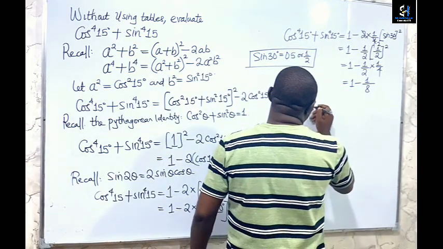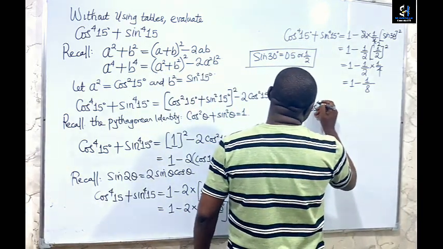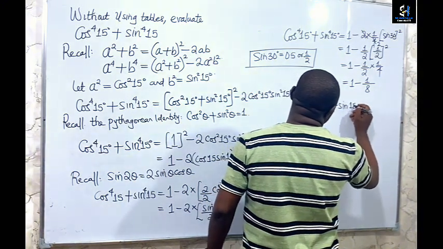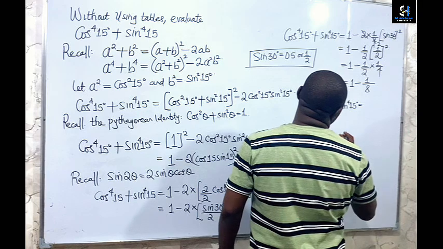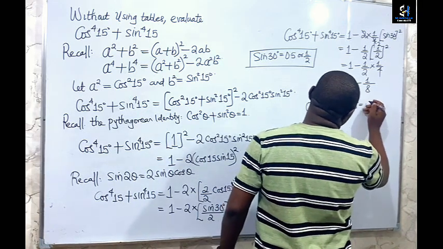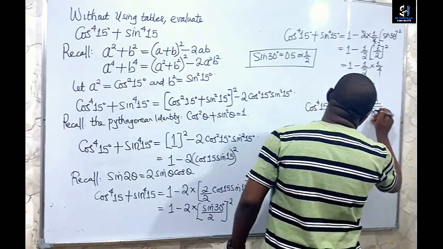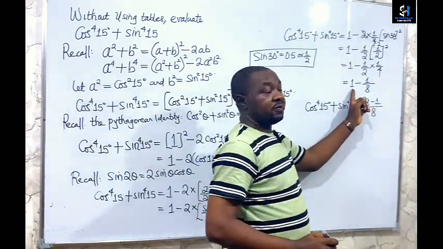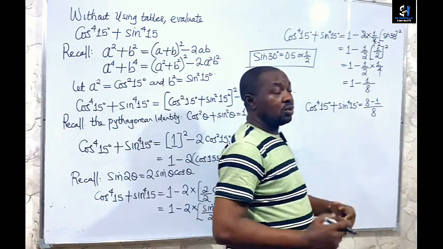So cos 15 degrees raised to the 4th power plus sine 15 degrees raised to the 4th power will be equal to, when we simplify, 8 minus 1 over 8, because I can write this 1 as a fraction, 1 over 1.